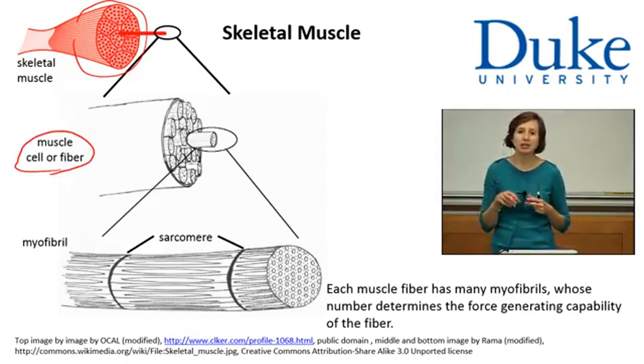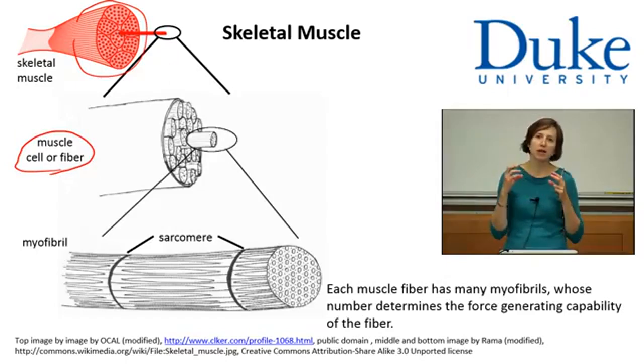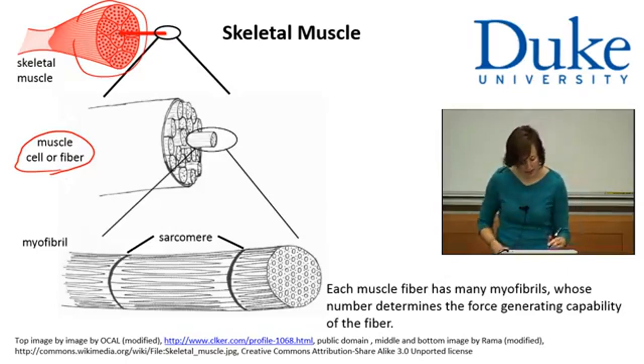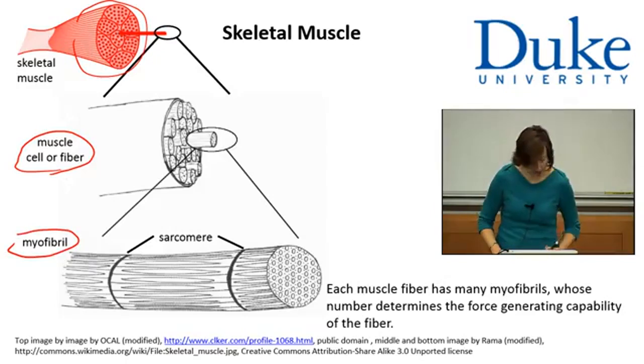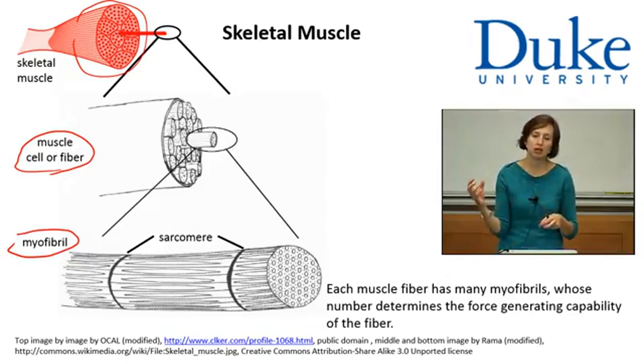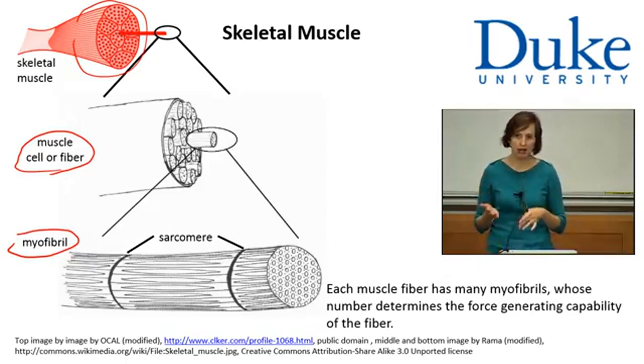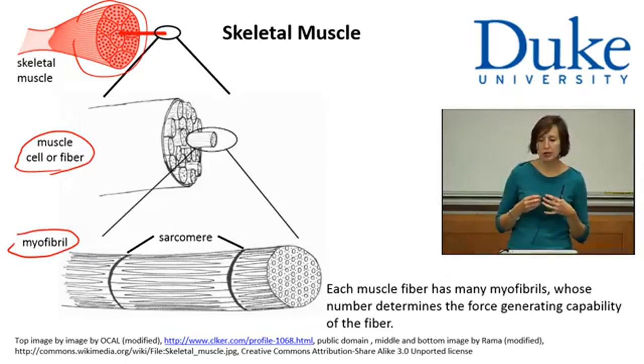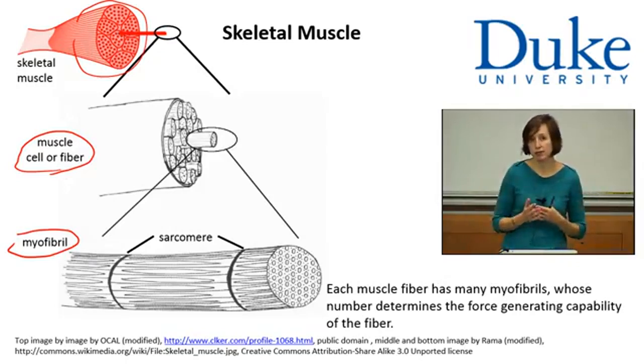And then that cell or fiber is composed of many other units called myofibrils. And that's what's shown here, where we can zoom in and look at a single myofibril that is going to be composed of many molecules of actin and myosin. So it's going to be the number of myofibrils in a muscle cell that is going to determine the force that it can generate.